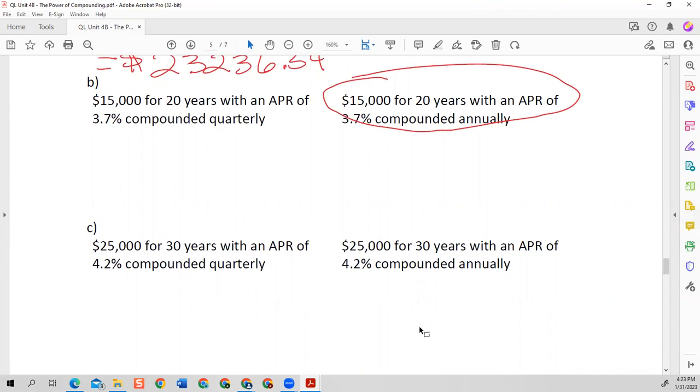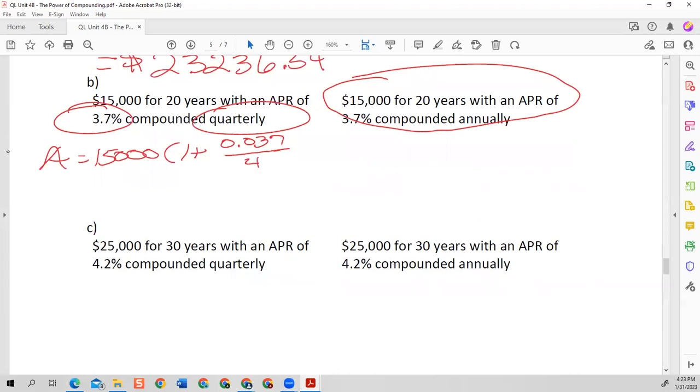So we got 15,000 for 20 years with the APR of 3.7% compounded quarterly. So we have A is equal to 15,000 times 1 plus 0.037 over 4, because it's quarterly, right? And there's 4 quarters in a year, raised to 4 times 20 years.